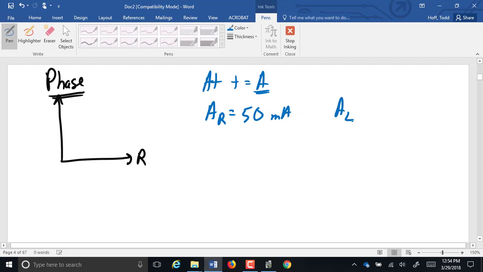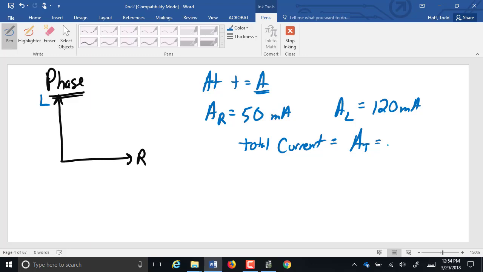The current through the inductor is 120 milliamps. So what we want to find is the total current, which is A total or I total, however you want to do it. I don't know why I put A for amperage, but it could be I, but you guys get the picture. And I want to know the phase angle.